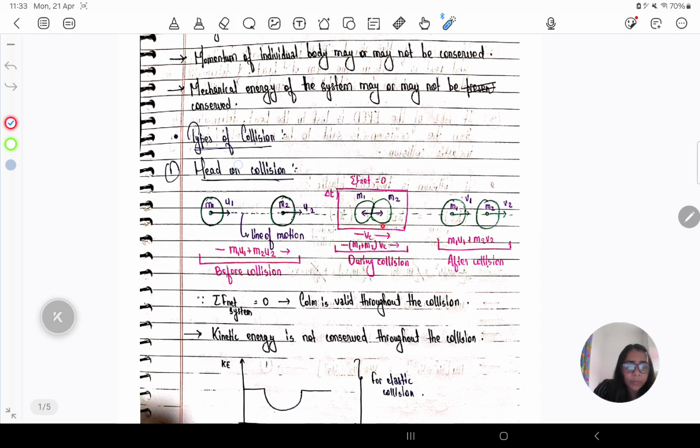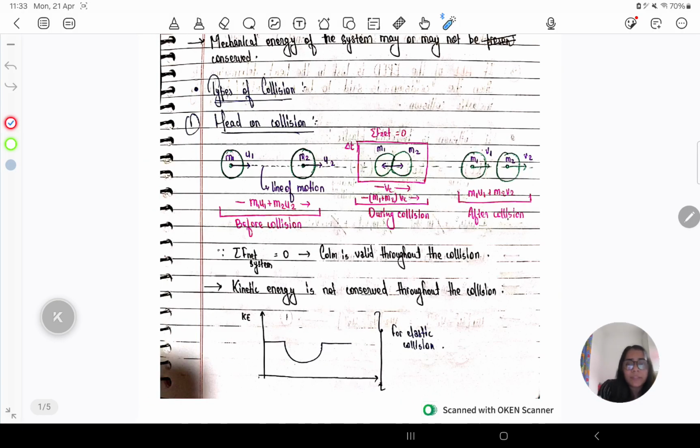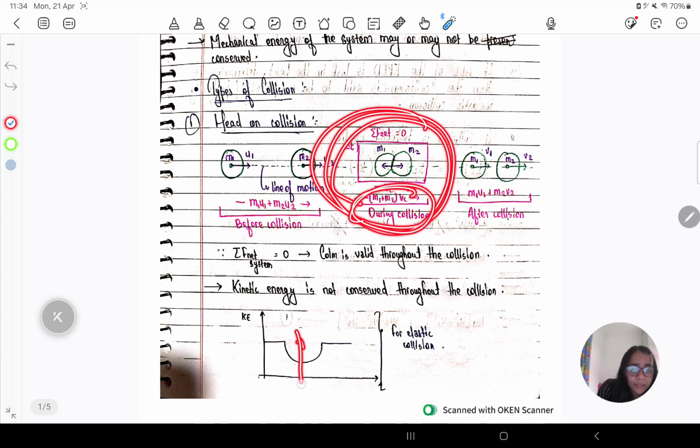If you think about this part, half m1 v1 whole square plus half m2 v2 whole square, maybe the initial kinetic energy and the final kinetic energy would still be similar, but the kinetic energy during collision sort of decreases. Why?